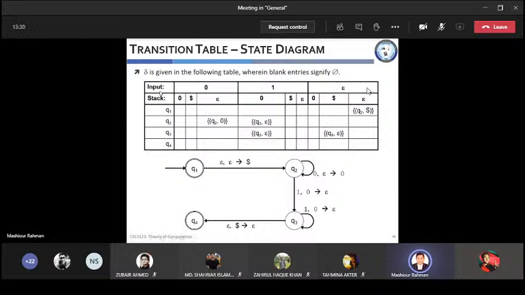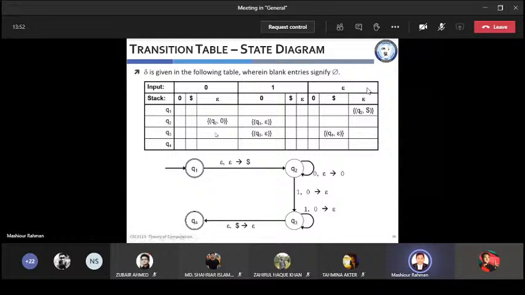As I said in the last class, it is a three-dimensional table. The input is on this side, just like NFA: 0, 1, and epsilon. On this side, in the first column, we have the states. There are 4 states over here, and for each of the stack inputs we have an entry over here.